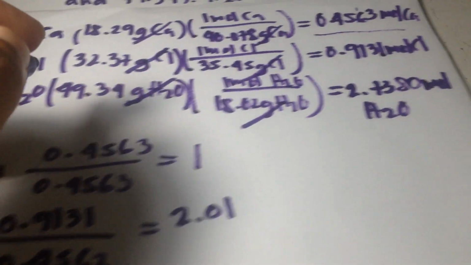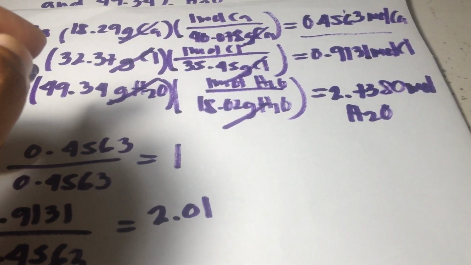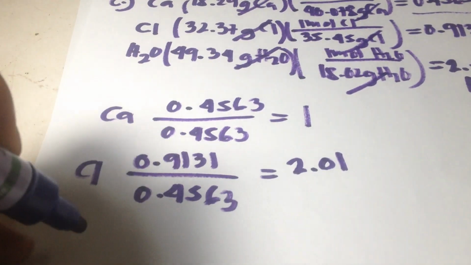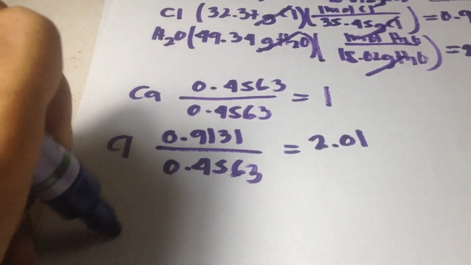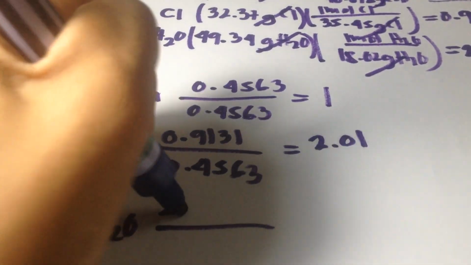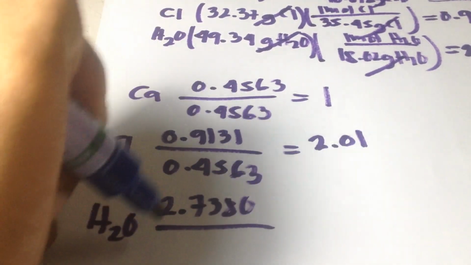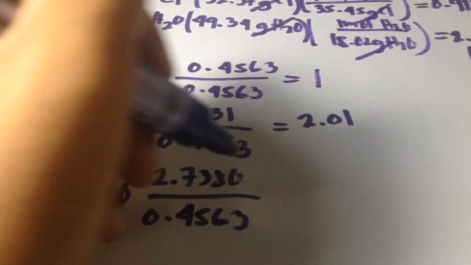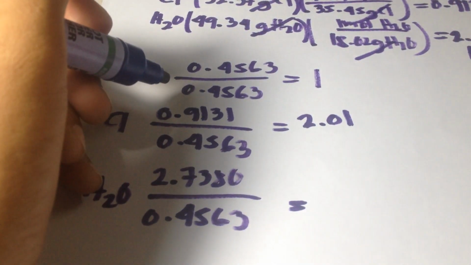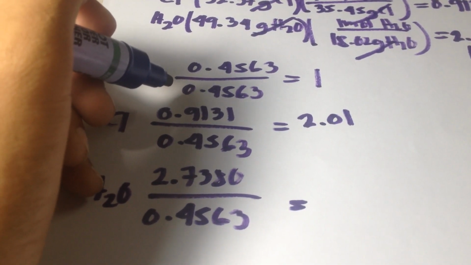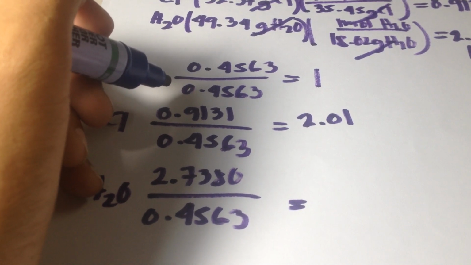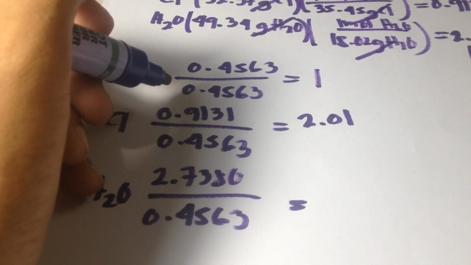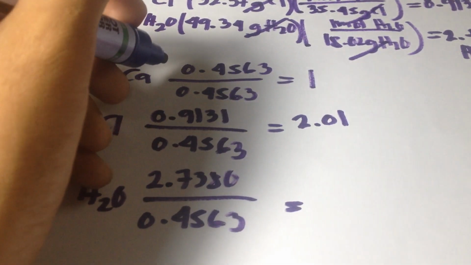And how about in water? In water, they have 2.7380. So 2.7380 divided by 0.4563 is equal to 6.